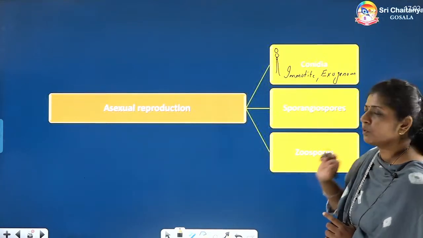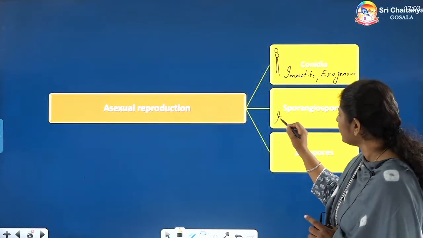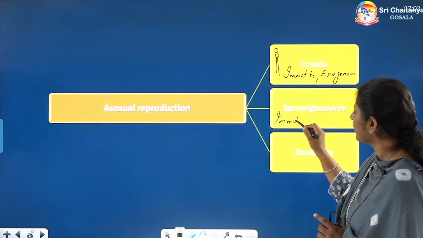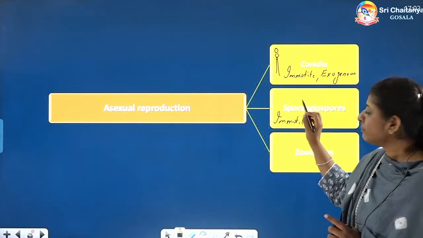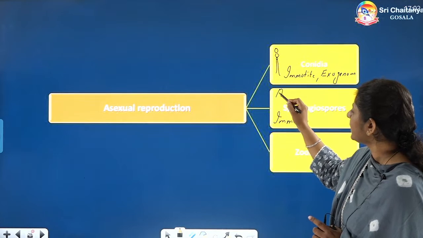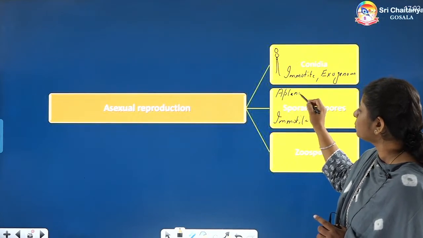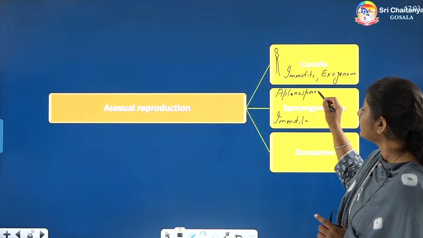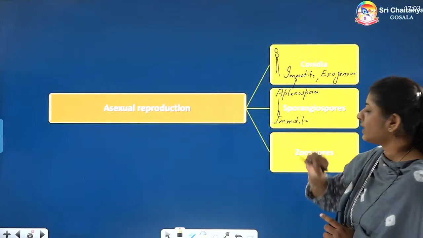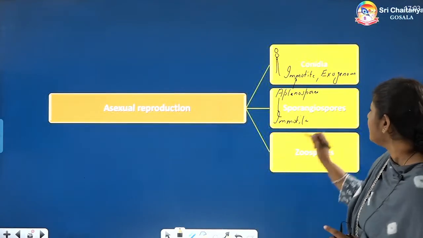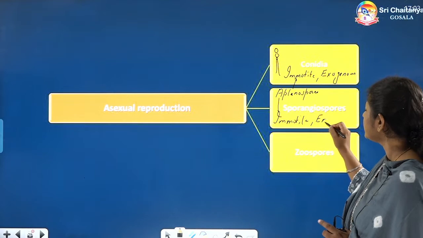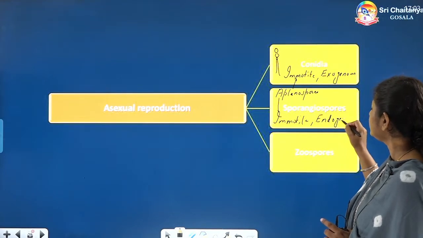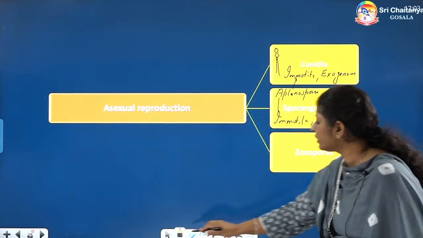Then sporangiospores. Sporangiospores are also immotile, right? And immotile forms are also called aplanospores. This is a common term for both conidia and sporangiospores, right? But sporangiospores are endogenous in origin. Endogenous means enclosed.